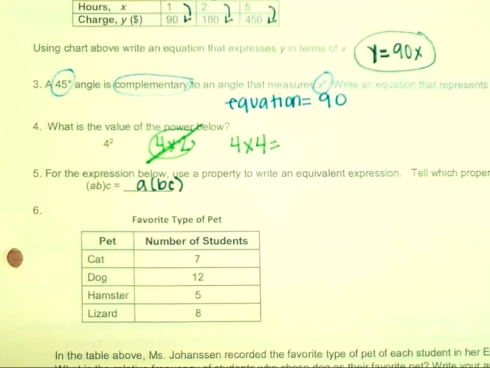What property is it if you change the grouping of it, but the answer is still the same? Is it your associative, your commutative, your distributive, identity? It's one of those properties. Associative, commutative, distributive, or identity. Remember, look in your journal.